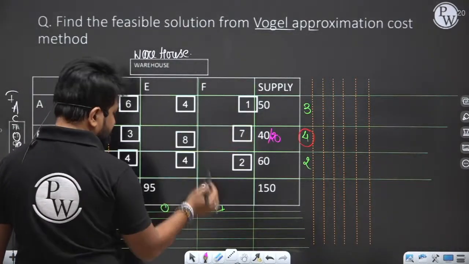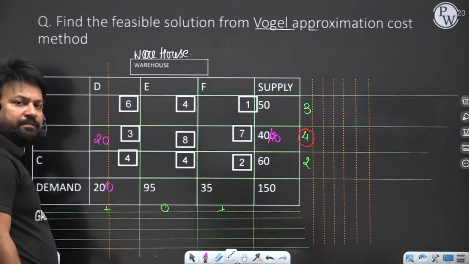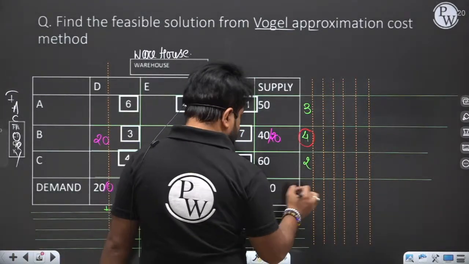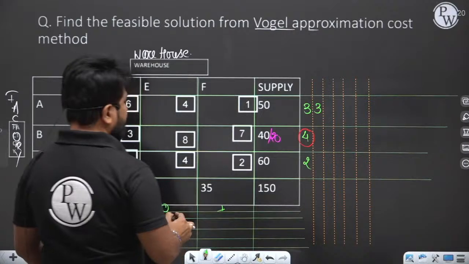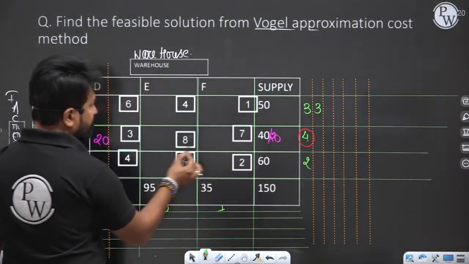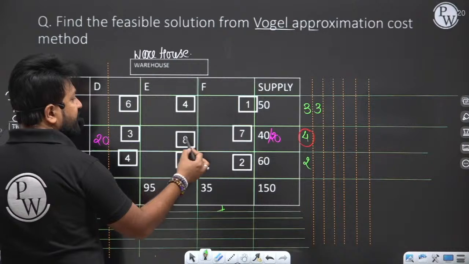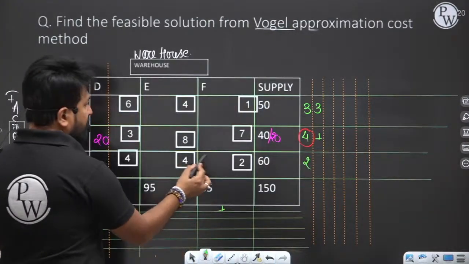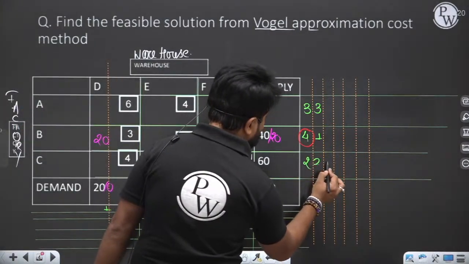Minimum 1, next higher is 4, so 4 minus 1 is 3. In this row, the minimum and next higher are 7 and 8, so 8 minus 7 is 1. Now minimum 2, next higher is 4, so 4 minus 2 is 2, right?